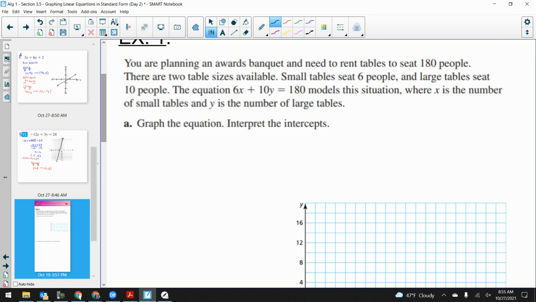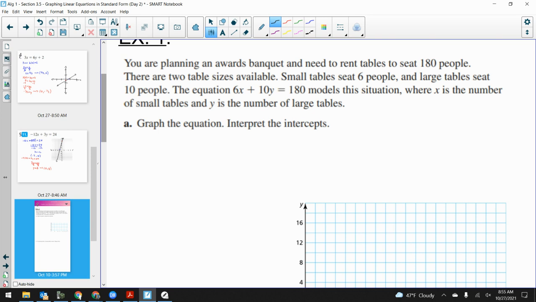I have 2 different size tables to choose from, small tables and big tables. The small tables seat 6, the big tables seat 10. Now, I didn't need to give you this equation, but I gave it to you here: 6x plus 10y is equal to 180. By the end of this chapter, I'm going to be expecting you to create those equations. Think about it.